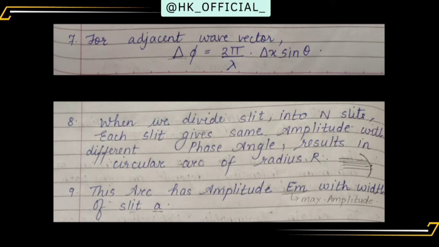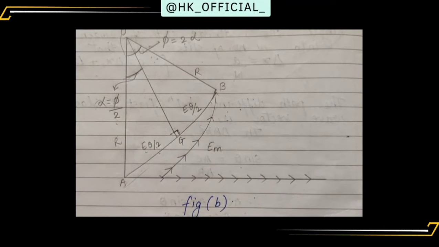Now what we are going to do further is make that arc and derive it. Let us see. Yes, this is the arc. Here you can see triangle OAB, which is divided by OG, perpendicular to AB, and you can see the angle AOG. I have written alpha is equal to phi by 2, and the same rearranged for phi, written for BOG, so phi is equal to 2 alpha.